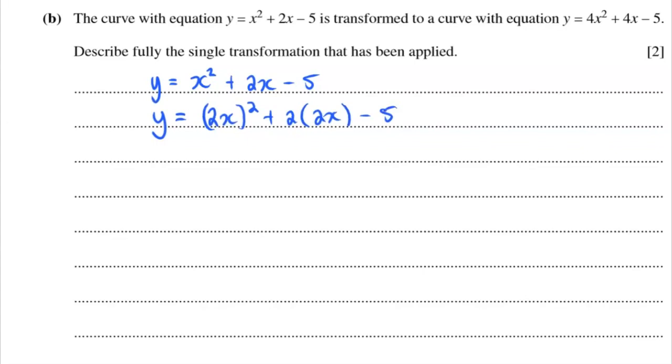And what we have there is the original equation, but we've replaced x with 2x. What does that do when you multiply the x by a number? That's a dilation along the x-axis, or a dilation from the y-axis, whichever way you want to say it. And how does it work with the x variable again? It does the inverse, so it's actually going to be a half of what the function was. So it's going to dilate the function by a half along the x-axis.